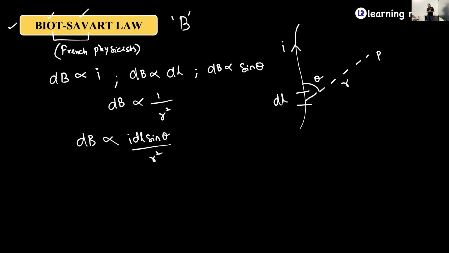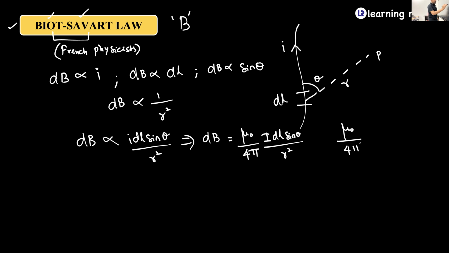So when I remove the proportionality symbol, I'll be able to write it as dB is equal to mu naught divided by 4 pi into I dl sine theta the whole divided by R square. Okay, where this mu naught divided by 4 pi has a value of 10 power minus 7.